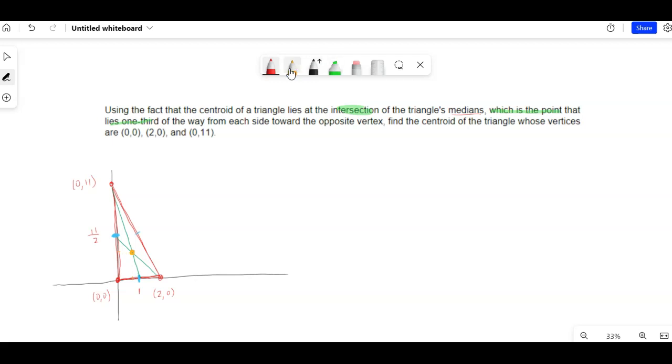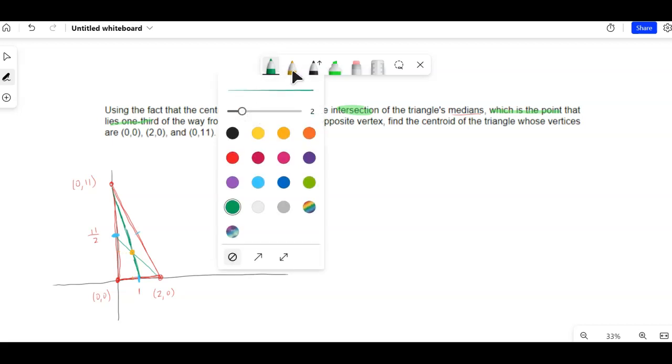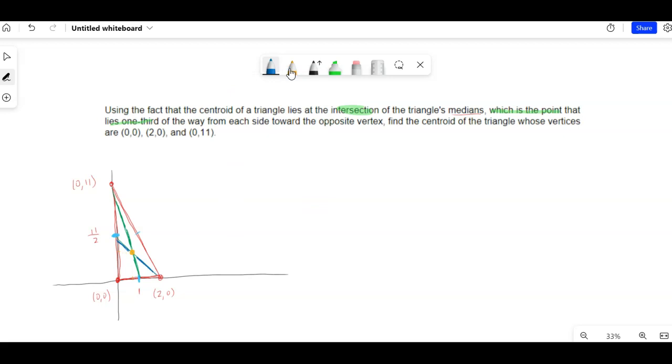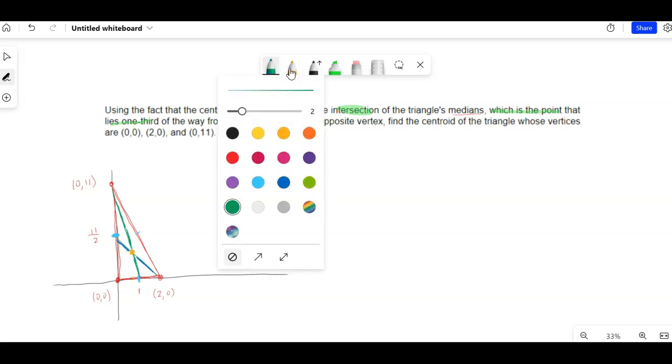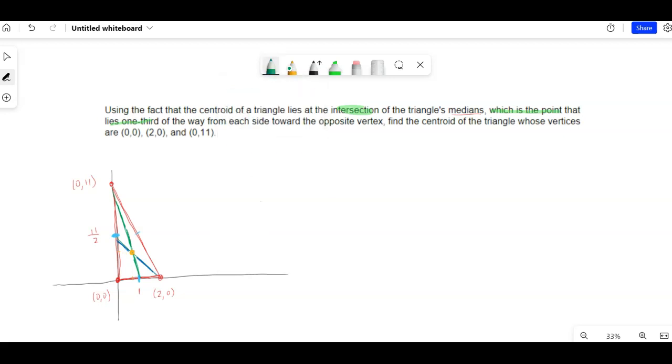So I'm finding the intersection of this line, and let me do it in a different color, this line. Let's come up with the equation of these two lines. This one connects 0, 11 and 1, 0. The equation of that line is y equals mx plus b, where m is the slope, the change in y.